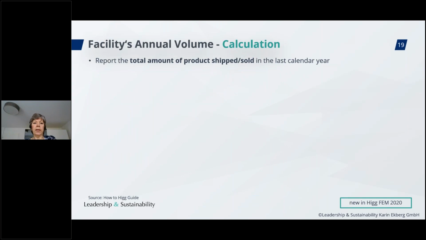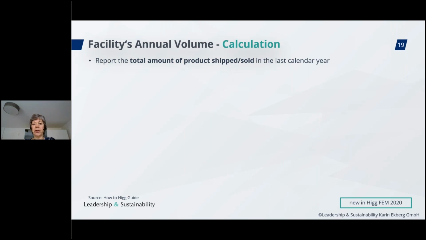And then here about the annual volume calculation. And this is not new, but it is important that you keep this in mind. It should not be reported the annual production volume, but the total amount of product shipped or sold in the last calendar year. We can debate if this is the perfect number to be reported, but this is how SAC has decided.